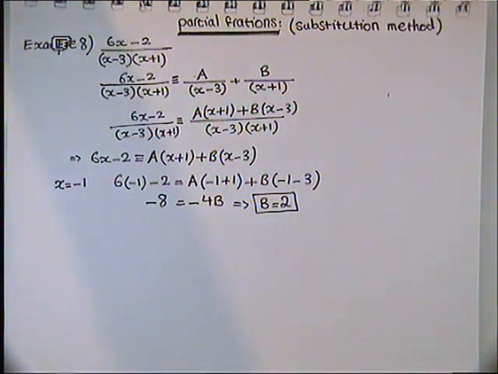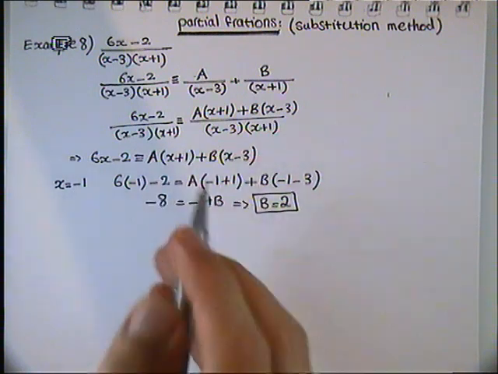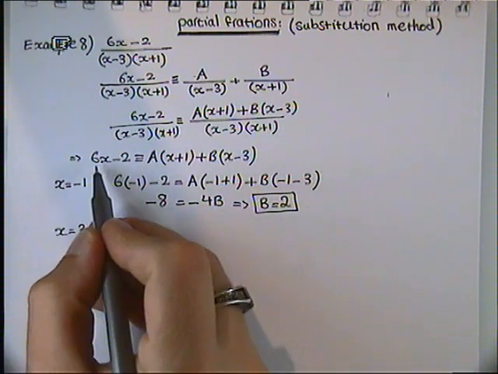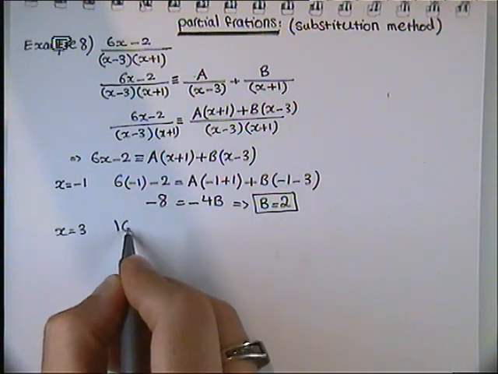Similarly, if I substitute x equal to 3, these two must be equal again. 6 times 3 is 18, 18 minus 2 is 16.